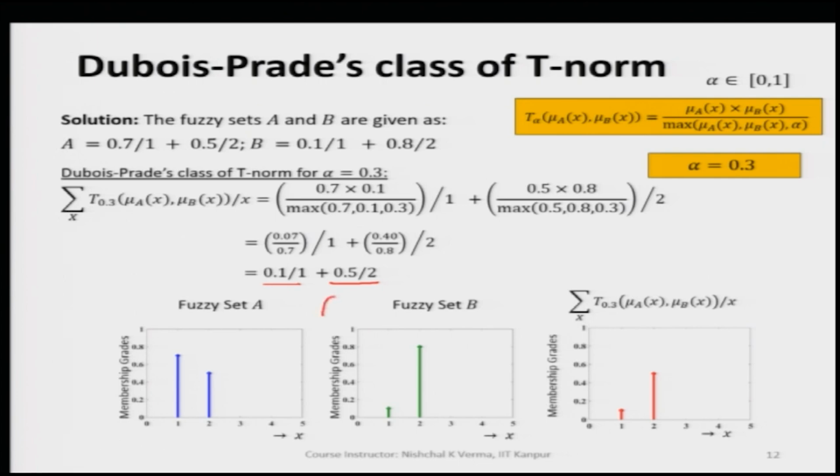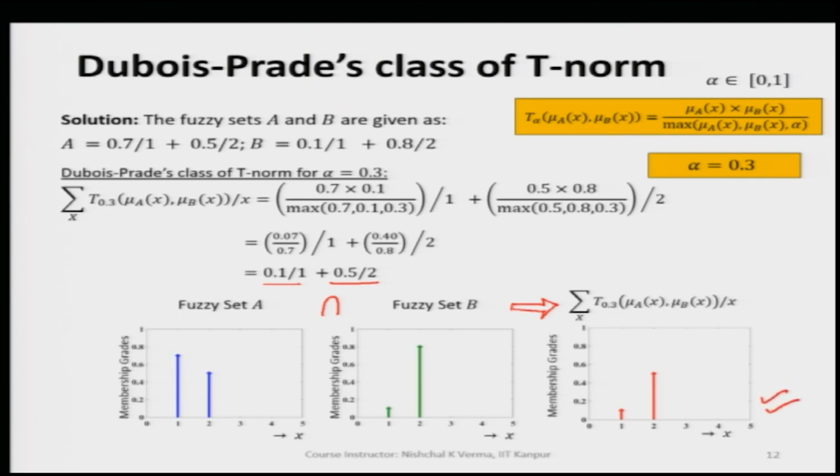So, when we take intersection based on the Dubois-Prade class of T norm, we are getting here the resultant fuzzy set, which is shown here like this.